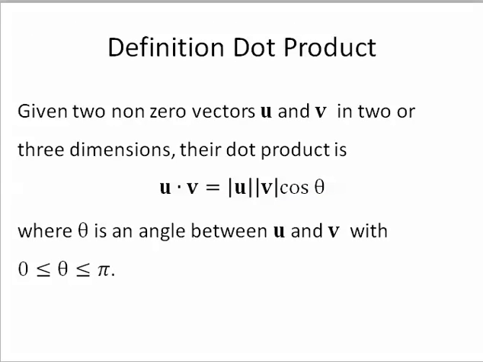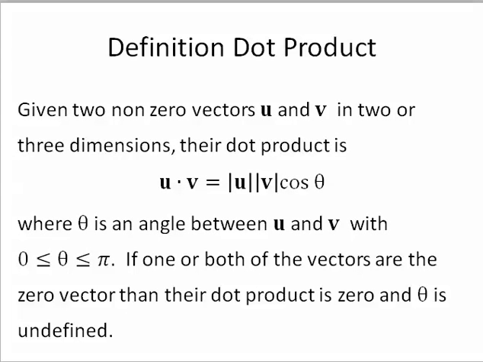Stating this more generally, given two non-zero vectors u and v in 2 or 3 dimensions, their dot product is the product of their magnitudes times the cosine of theta, where theta is an angle between u and v, and theta will be stated as being between 0 and pi. If one or both of the vectors are the zero vector, then their dot product is 0 and theta is undefined.